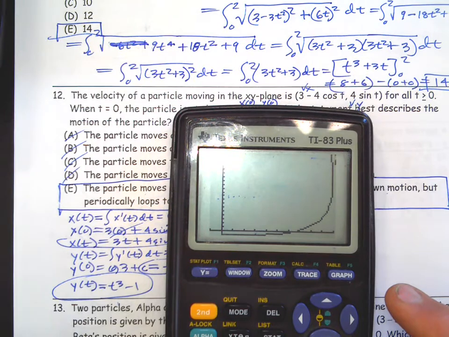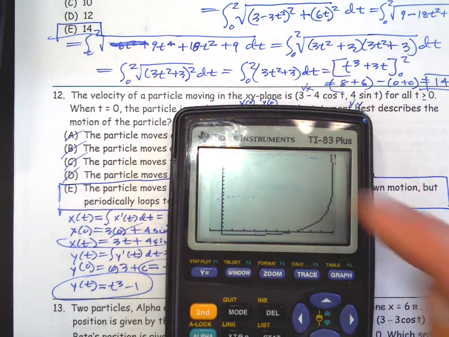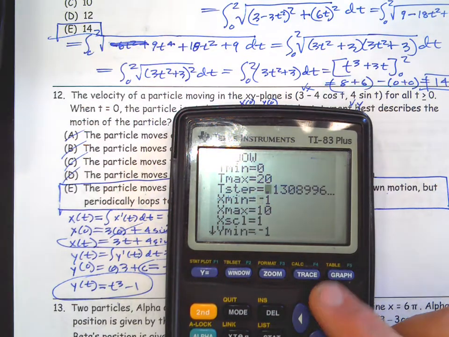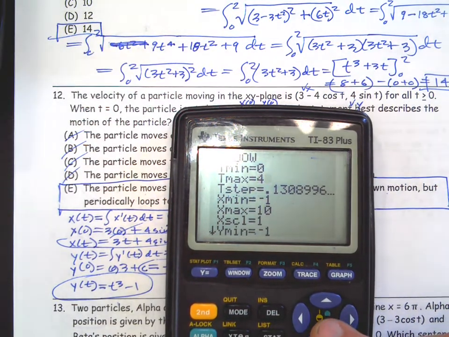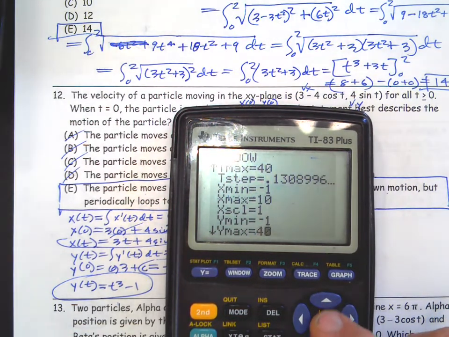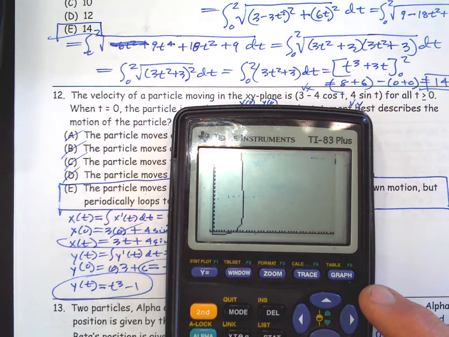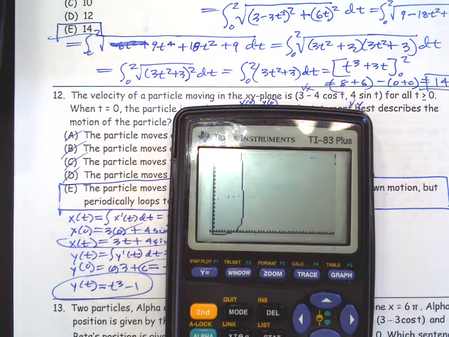Maybe we're missing something, but it does come to the left a little bit. Here's the graph. It's going left, but it just blows up. I'm assuming it's got to come back, but I don't know.